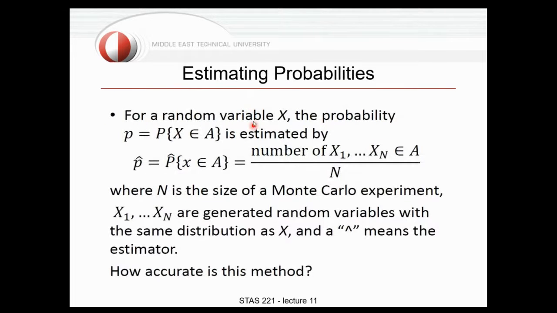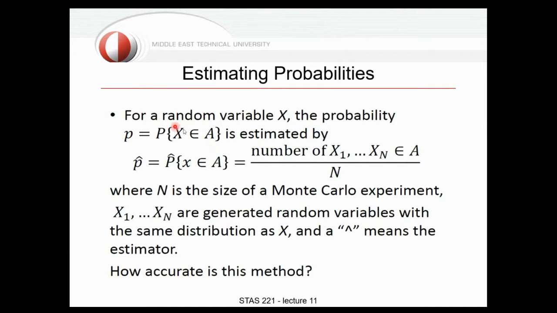Okay, so for estimating probabilities in such methods, we should know what we are doing exactly. All right, so we have a probability and we want to estimate it. And whenever we want to estimate something, you remember for parameters or statistics, we use the estimate with a hat. So p hat means the estimation of p. In this probability, we define it like X is an element of this set.